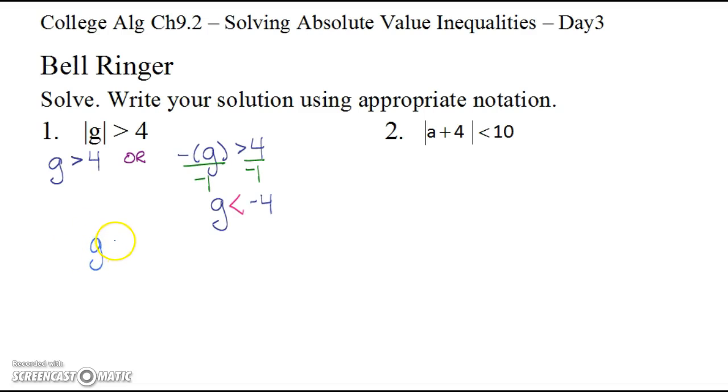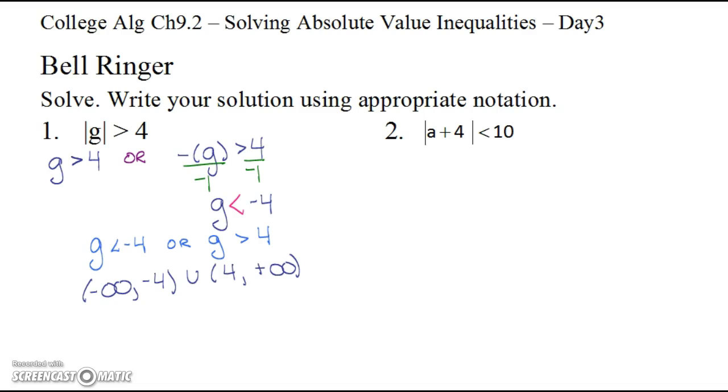So our solution in set builder notation, g is less than -4, or g is greater than 4. I will have 2 separate intervals going in opposite directions. My final answer, from -infinity to -4, union 4 to +infinity.